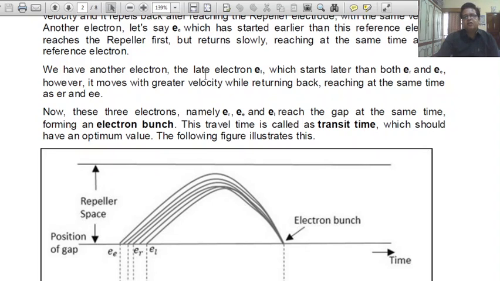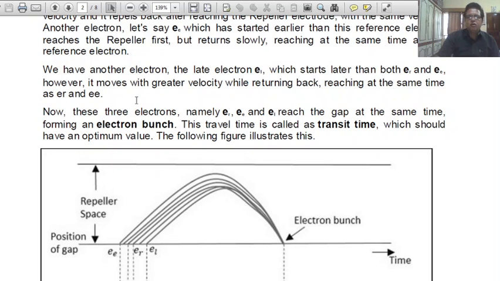We have another electron, the late electron EL, which starts later than both ER and EE. However, it moves with greater velocity while returning back, reaching at the same time.